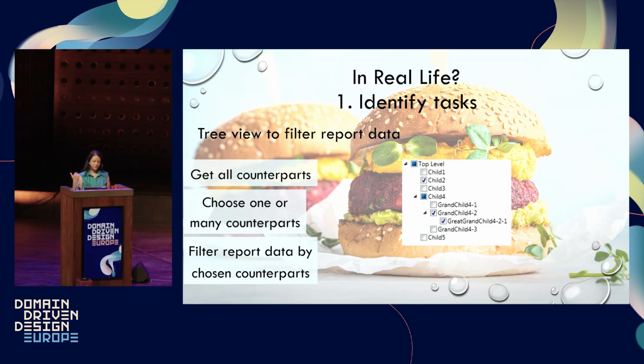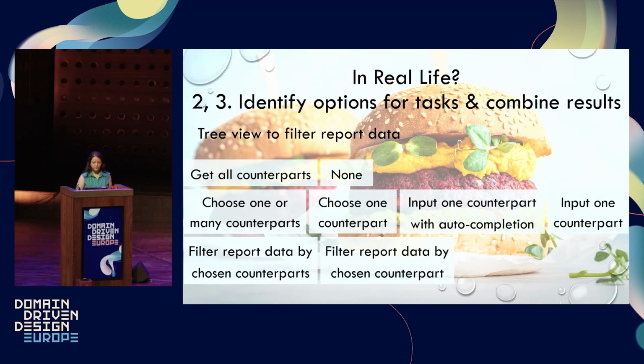Get all the counterparts, choose one or many counterparts, and then filter the data of reports by the chosen counterparts. Let's identify now options for each task. For get all the counterparts, we can consider that the option is none. We will not get all the counterparts.